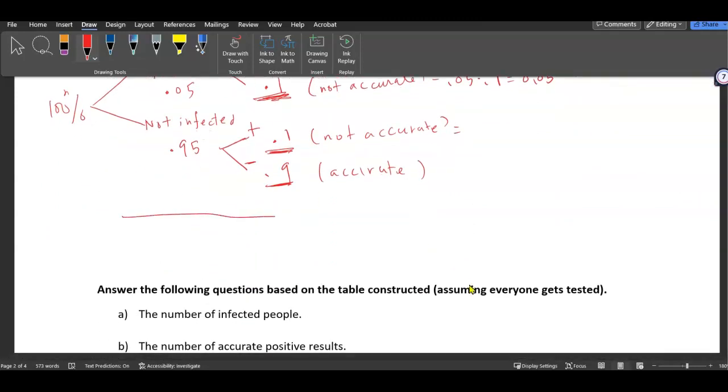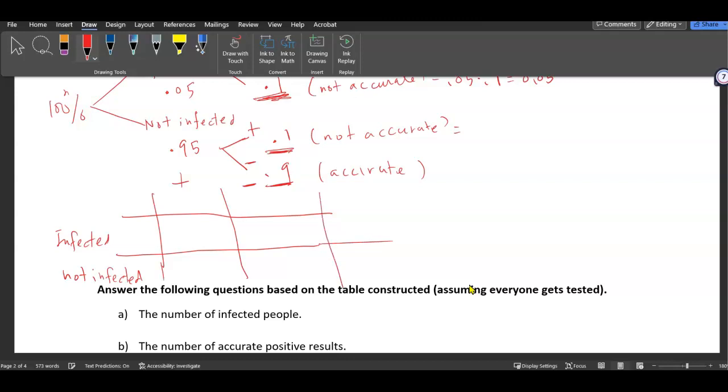It says after that, you can make a table of 2 by 2, right? So here, the title is going to be positive and negative, and then infected and not infected. And from there, you have a total of 10,000 people, a town of 10,000 people, right?